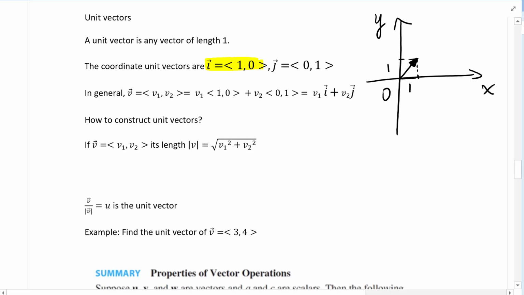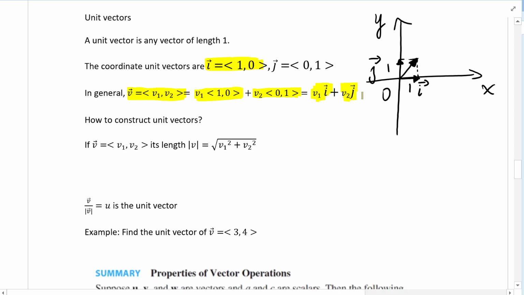So this vector here is the i vector. And this vector here is called the j vector. It's 0, 1. In general, a vector v can be written v1 times 1, 0 plus v2 times 0, 1, which means v1i plus v2j.